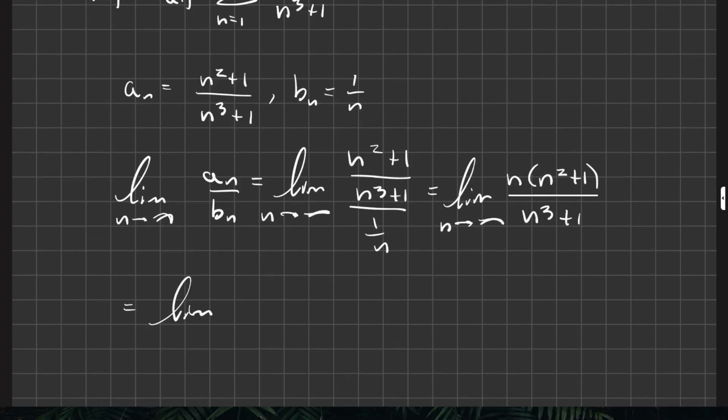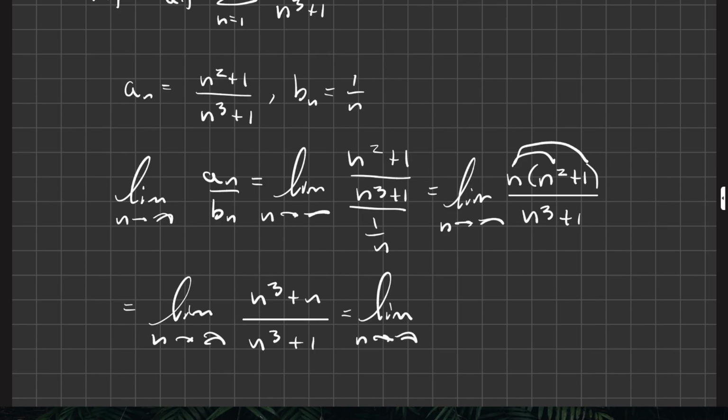And this is just the limit of (n cubed plus n) over (n cubed plus 1), once we multiply this n into the parentheses. So let's divide everything by n cubed.